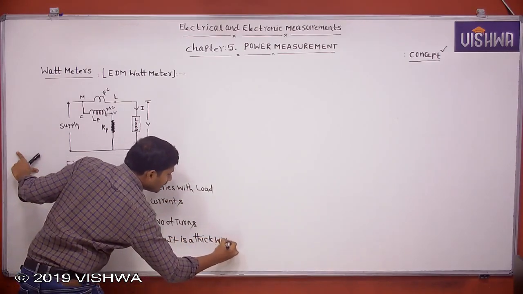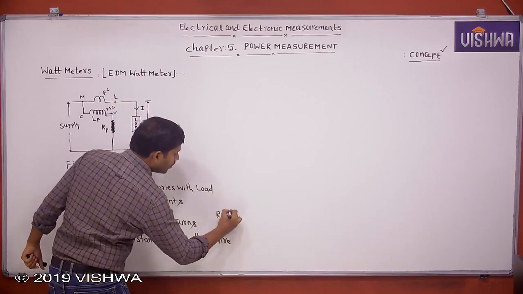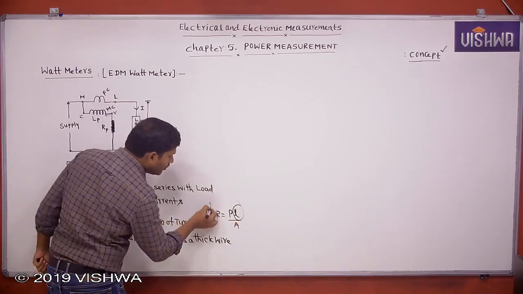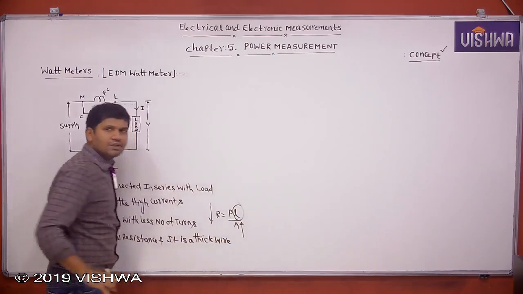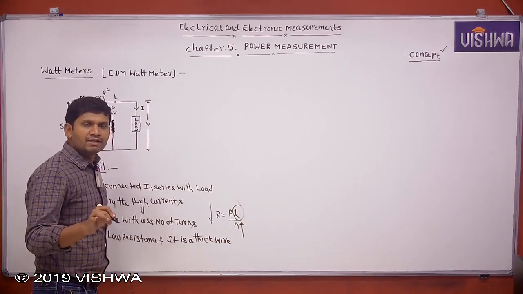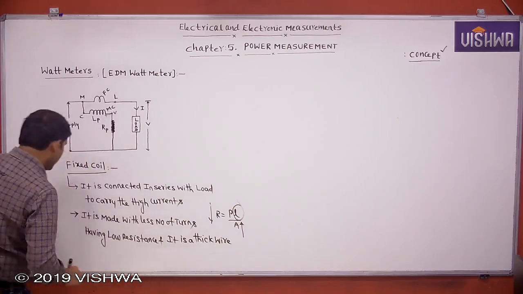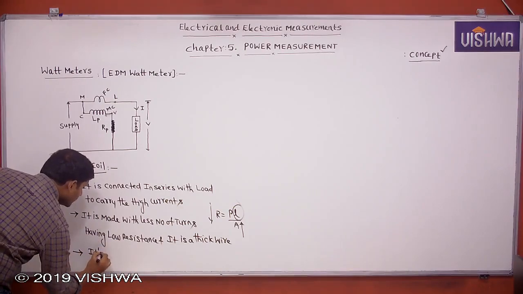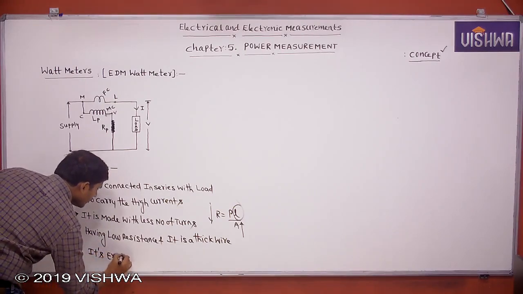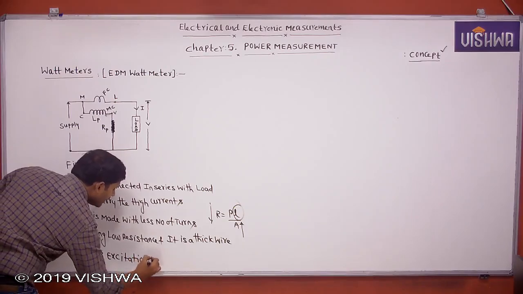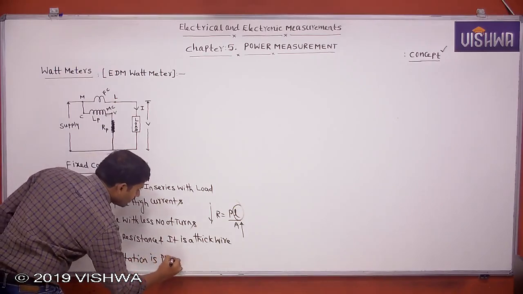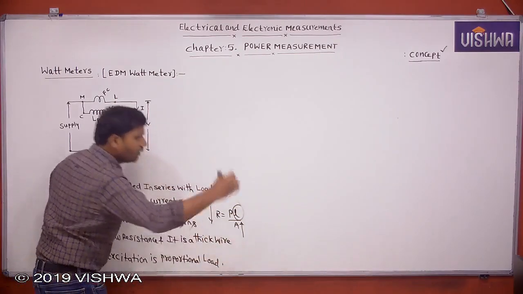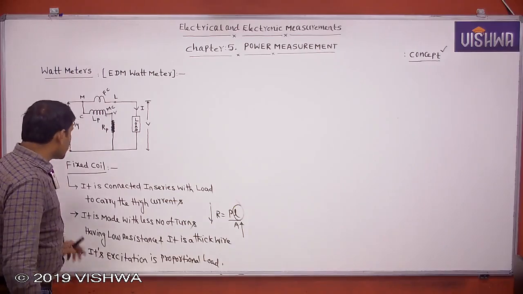Why I am saying it is a thick wire: we know that R equals rho L by A. At a given length, if you want to maintain low resistance, the cross-sectional area must be high. If the cross-sectional area is high, it is a thick wire. Then its excitation is proportional to load. The excitation of the fixed coil is proportional to load.